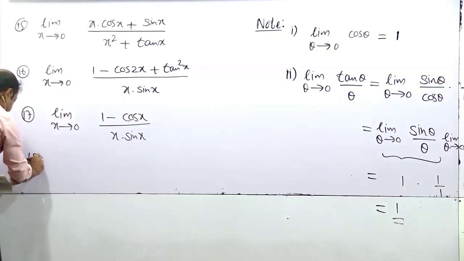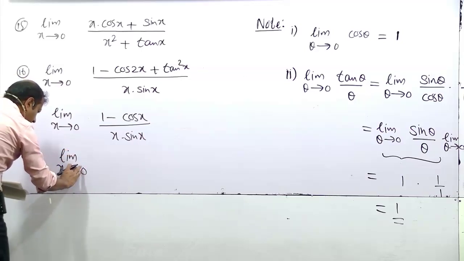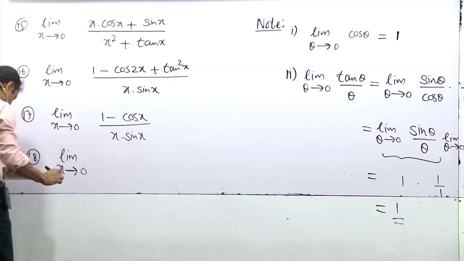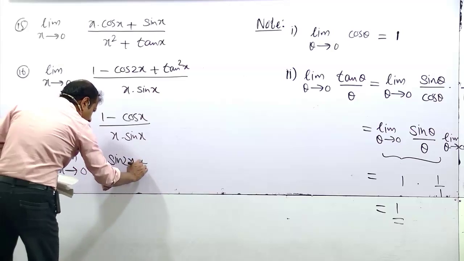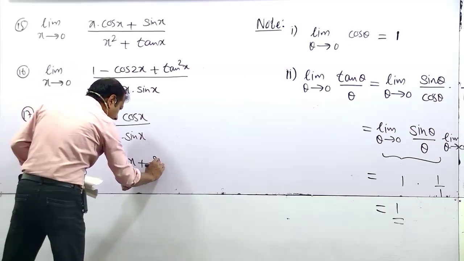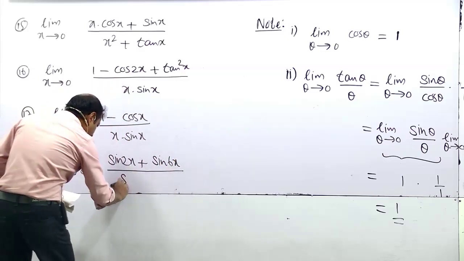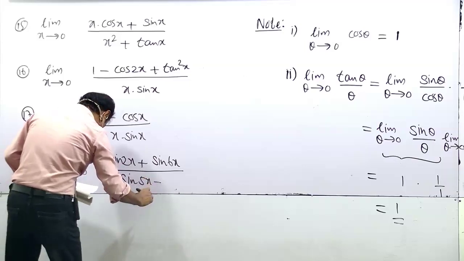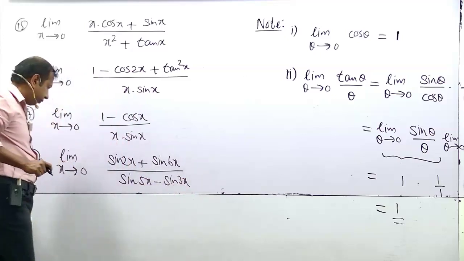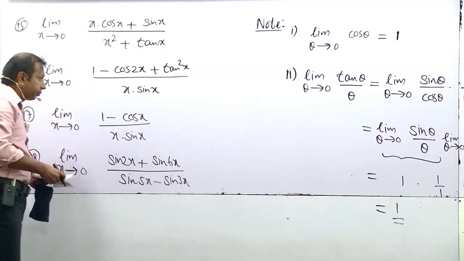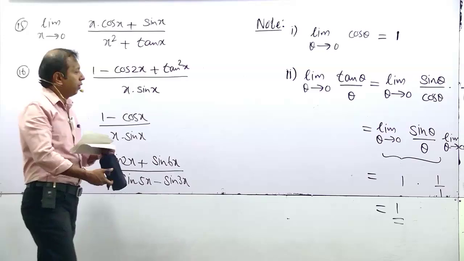Number 18, limit x going to 0, sin 2x plus sin 6x divided by sin 5x minus sin 3x. These 4 questions we'll do first. First one.